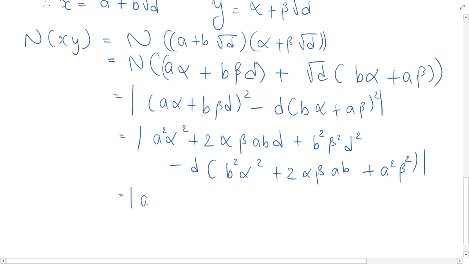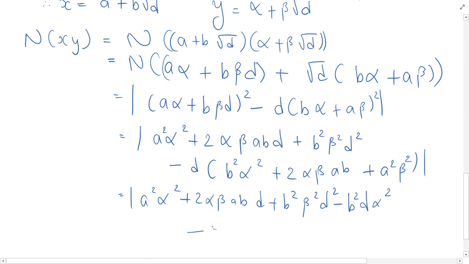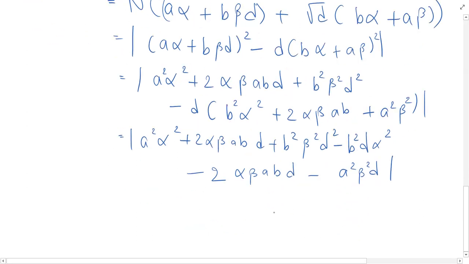It is the same as a square alpha square plus 2 alpha beta abd plus beta square b square d square, minus b square d alpha square, minus 2 times alpha beta abd, minus a square beta square d. Okay. So this is what we got. You can see these two things are the same but with opposite signs, so I can cancel them.